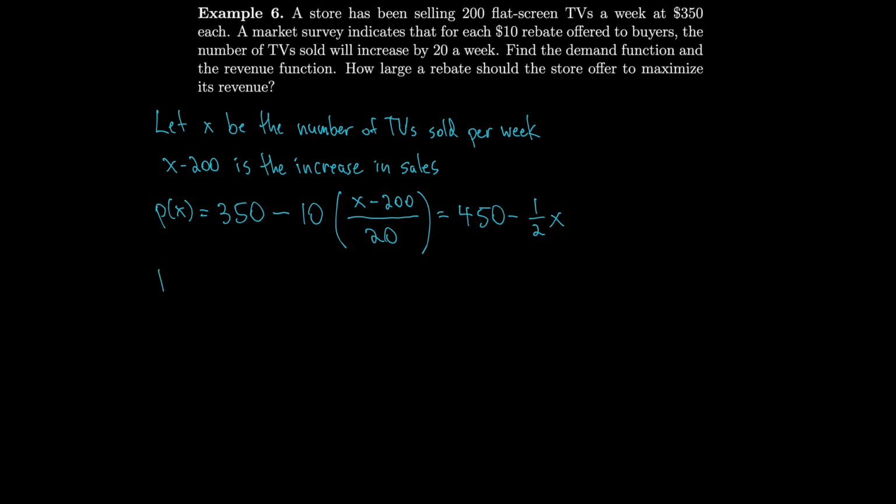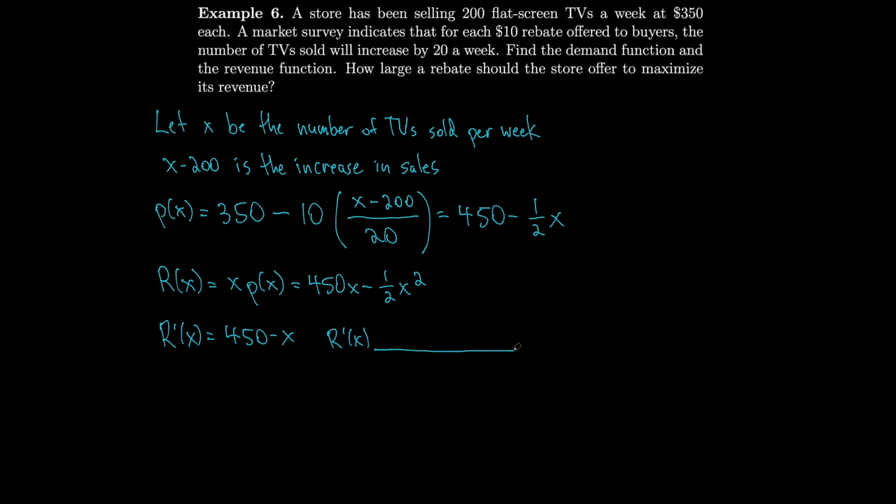Let's get the revenue function now. That's X times our demand function, so that's 450 times X minus half X squared. Let's get the derivative, because we want to maximize revenue, so we get 450 minus X. Well, let's look for where this thing is 0.